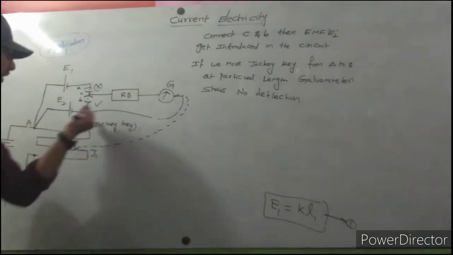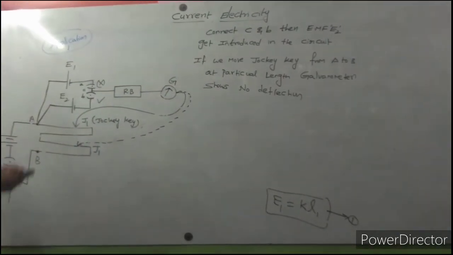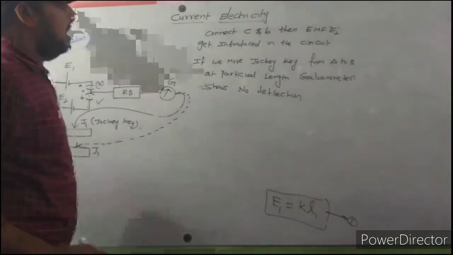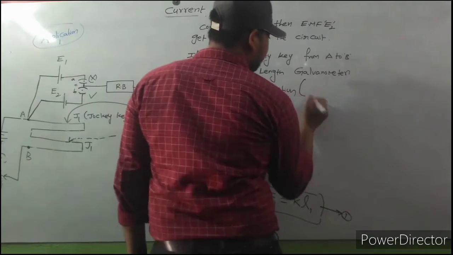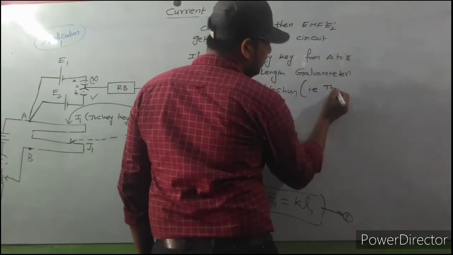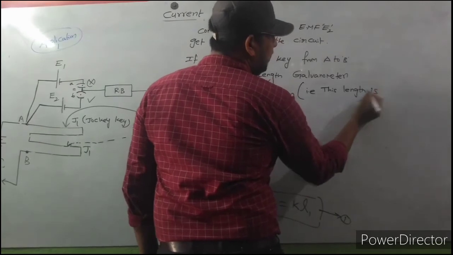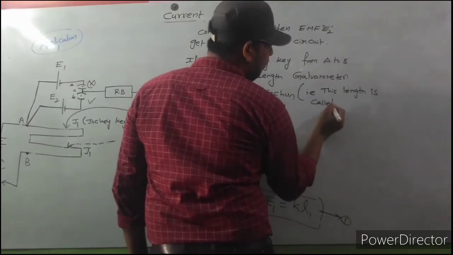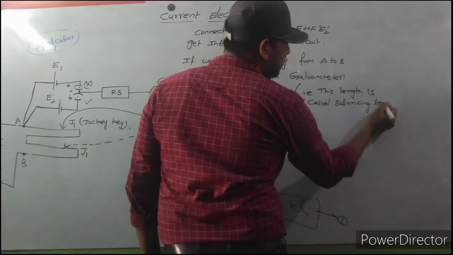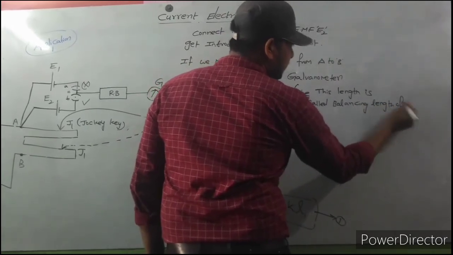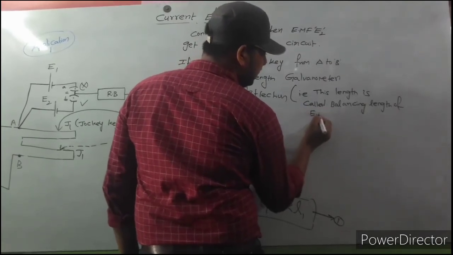If you move this jockey key, at a particular length the galvanometer shows no deflection. This length is called the balancing length of the cell with EMF E2.